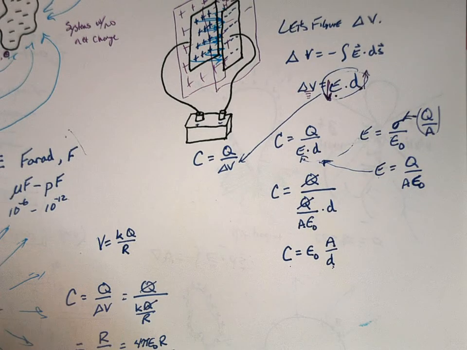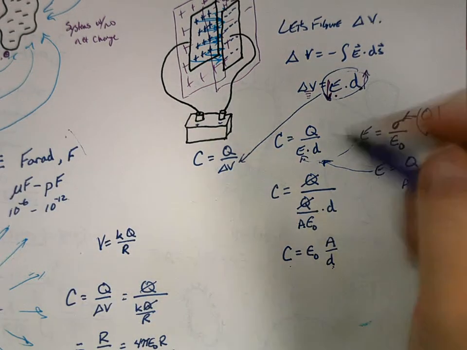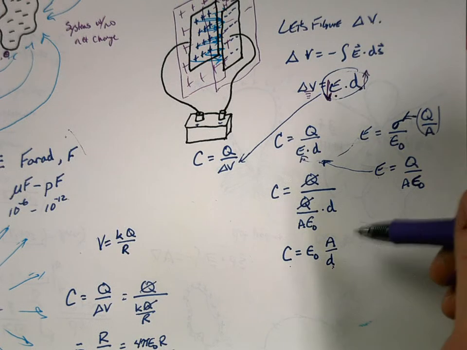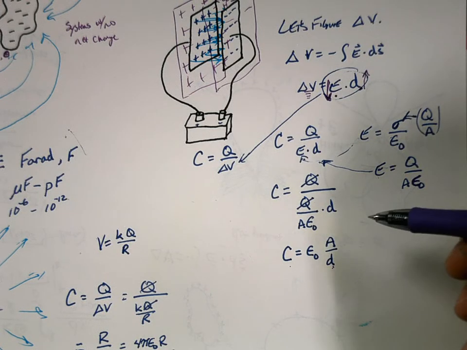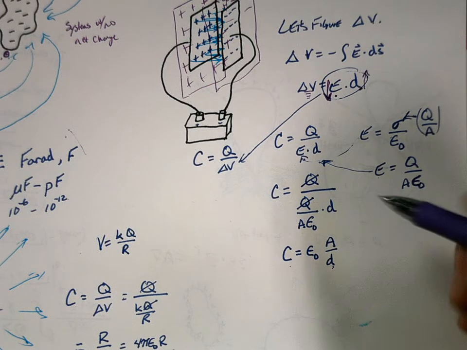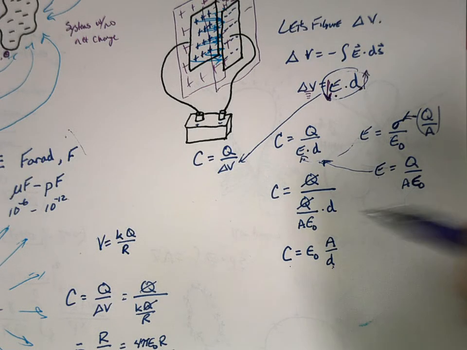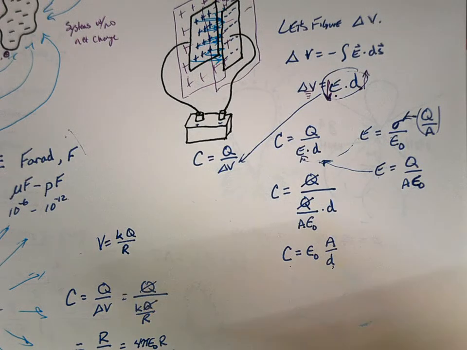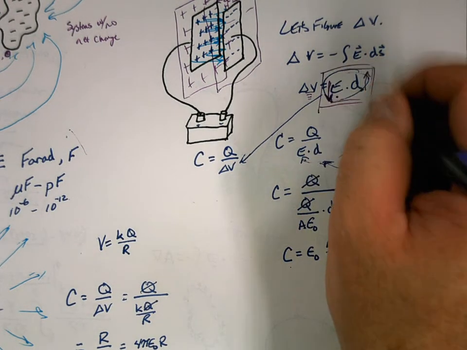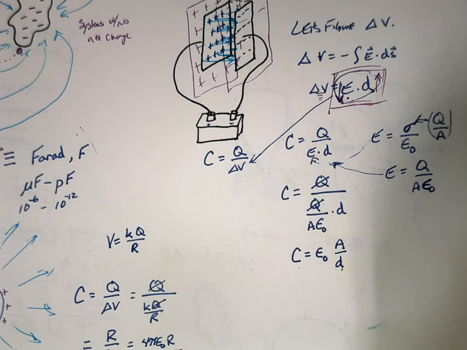The field decreases, so with the same potential there is less charge on the plate, so the capacitance decreases. So this is the crucial idea: as D decreases, our field increases.